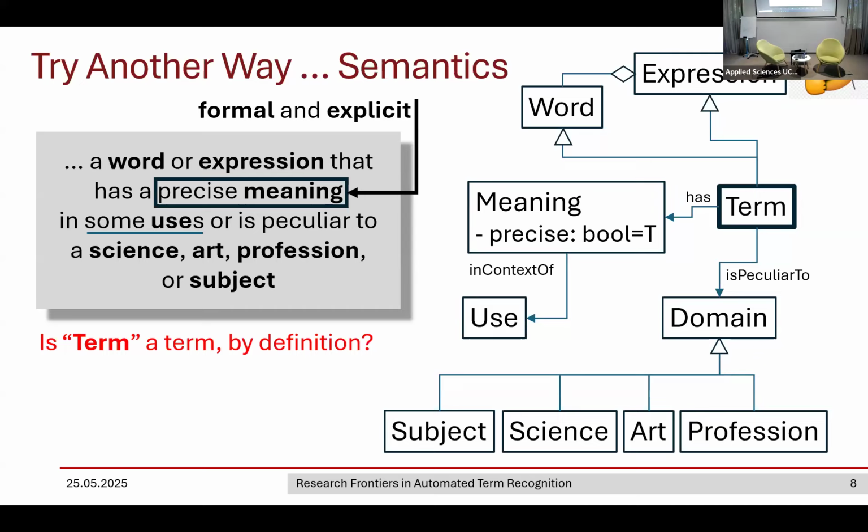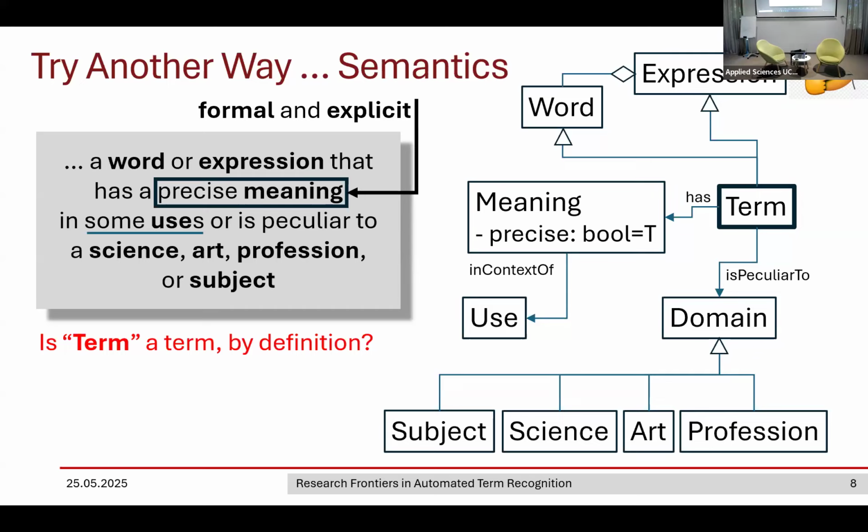We have a term as a central entity here, and we analyze the features, the attributes, or the properties of the term. We can see that it could be either a word or an expression, which are superclasses for a term.